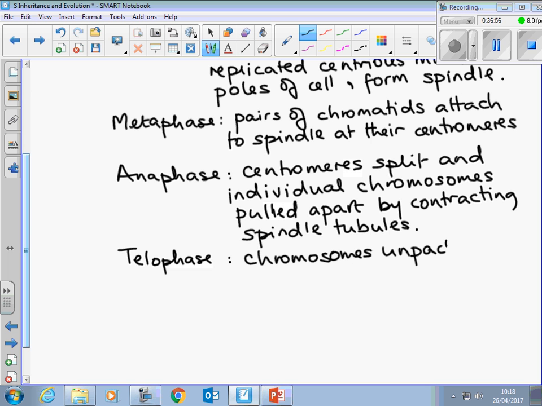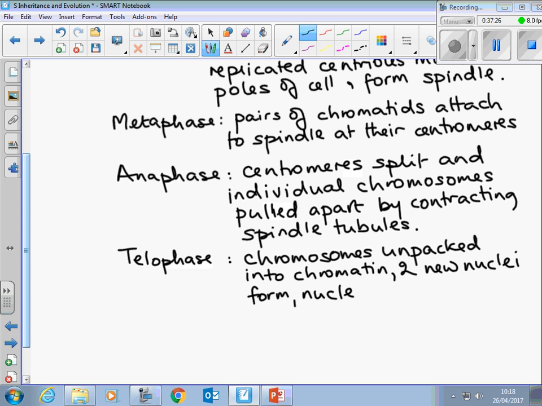You know, they loosen up, like when you get home after a holiday and you empty out the contents of your suitcase and you wonder how you got all that in there. The chromosomes are unpacked into chromatin. Two new nuclei form, nucleoli reappear wherever it is they've been hiding.